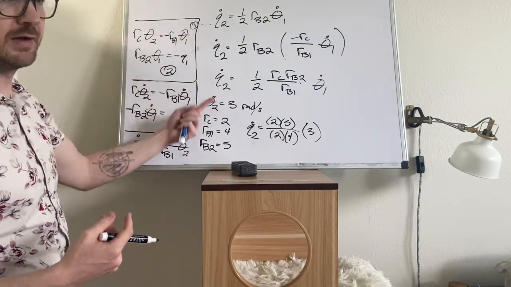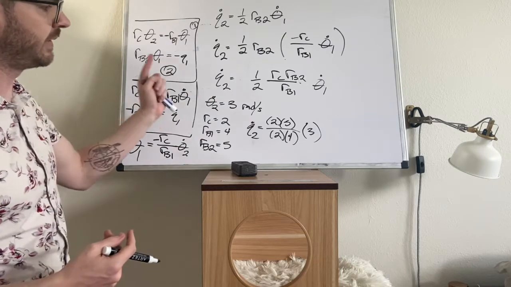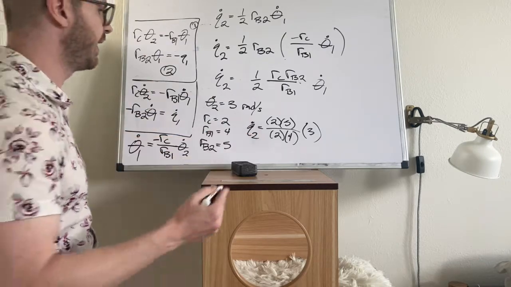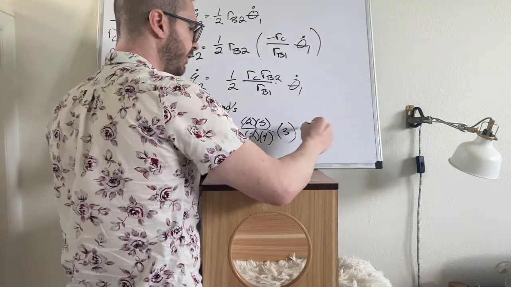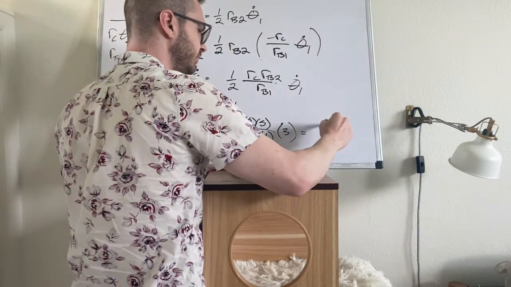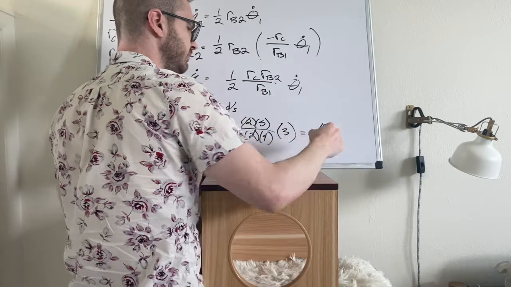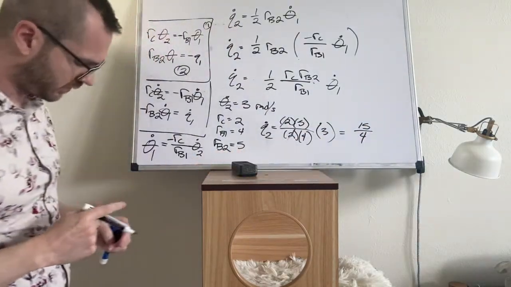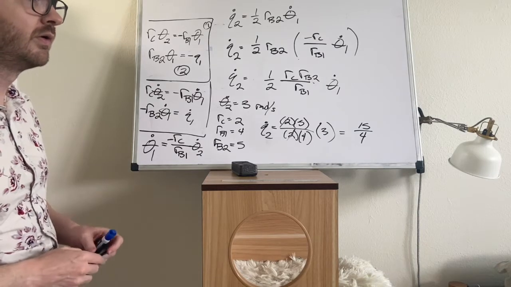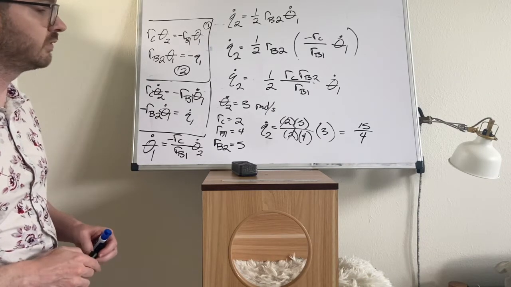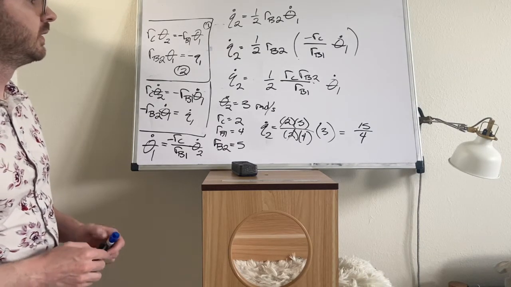Do all of the analytics first and then just come back at the very end and put the numbers in on the math. So what are we looking at? 15 over 4. So 15 over 4 is 7.5 over 2. So 3.75. Okay.